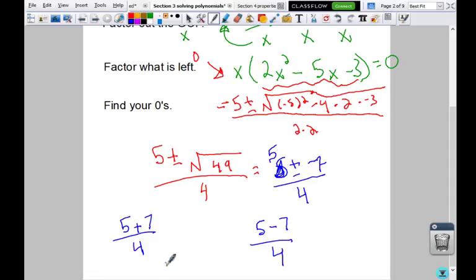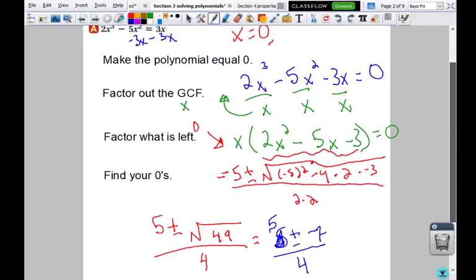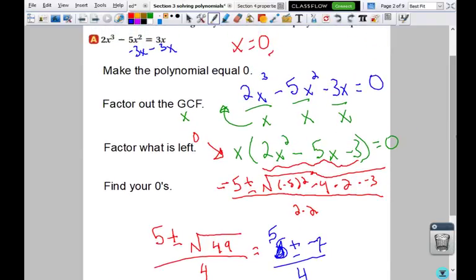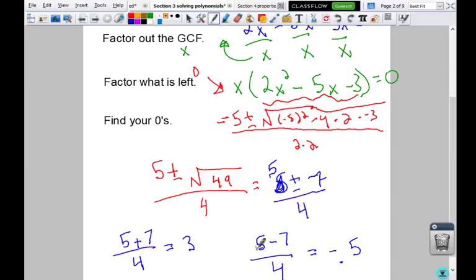Alright, 5 plus 7 is 12. 12 divided by 4 is 3. 5 minus 7 is negative 2. Negative 2 divided by 4 is negative 0.5. So I got 3 and negative 0.5 for my answers. So I got 3 answers. Because 5 minus 7 is negative 2, divided by 4 is negative 0.5.